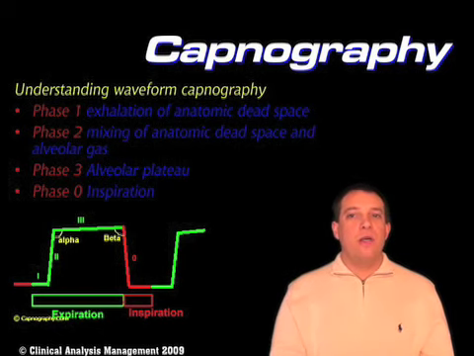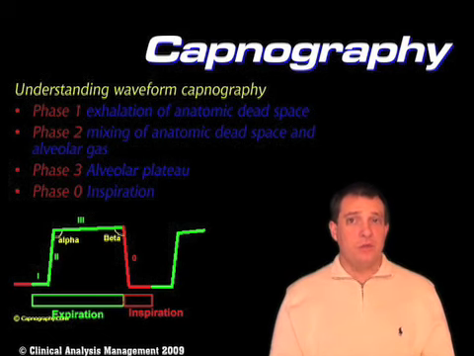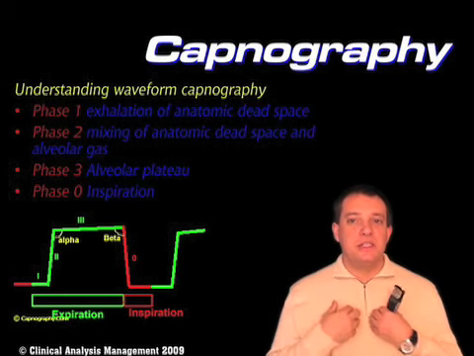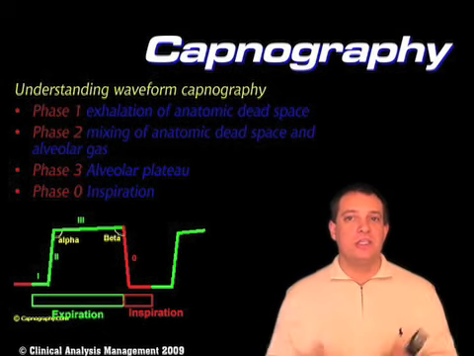Now, where we really start to see our value in capnography is when we exhale. And when we exhale, we go through 3 different phases. Phase 1, phase 2, and phase 3. Phase 1 is the first part of this, and this is where we're basically exhaling what's in the dead space. And remember, the dead space is all those conducting airways that really don't have anything magical going on. There's no gas exchange.